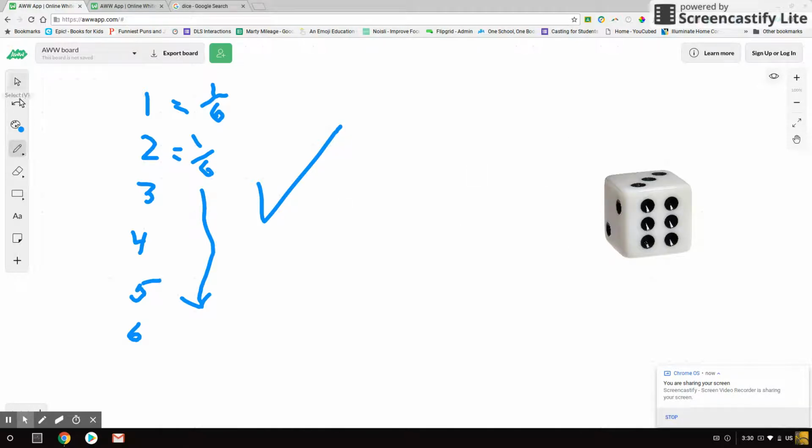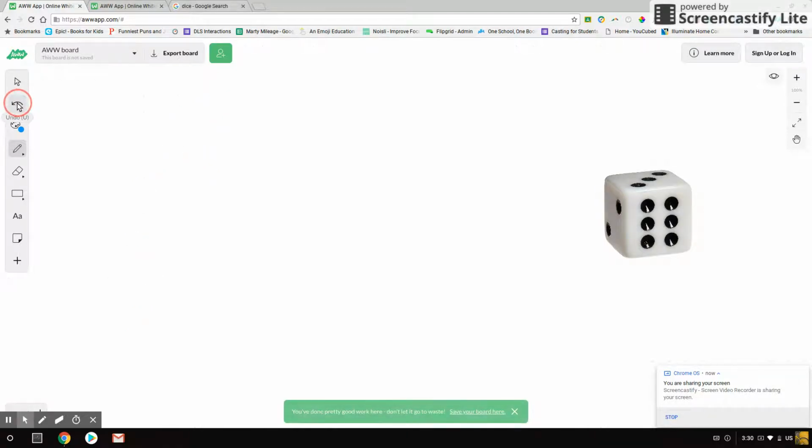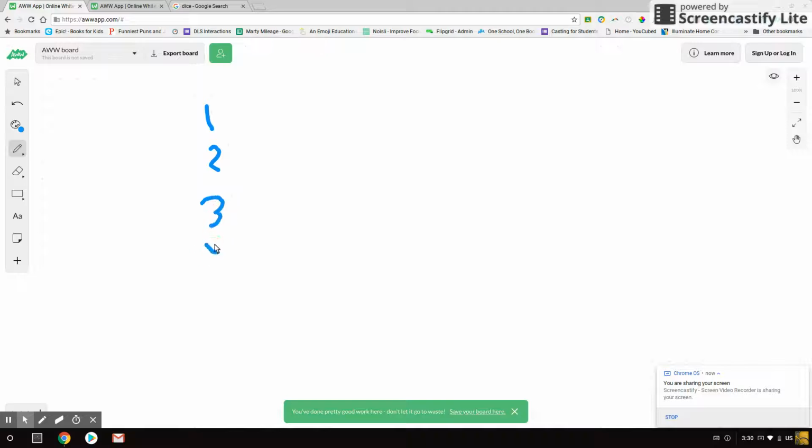But let's say the game was a little bit different. Let's say the game was, what is the probability that I would get a number that is bigger than 2? Bigger than 2. I could roll a 1, a 2, a 3, a 4, a 5, or a 6.